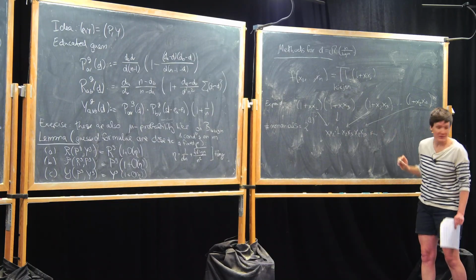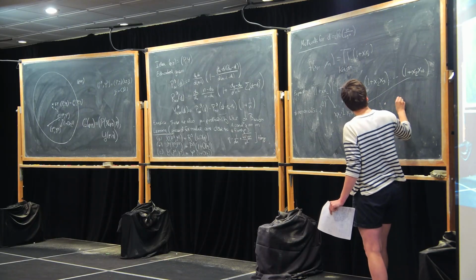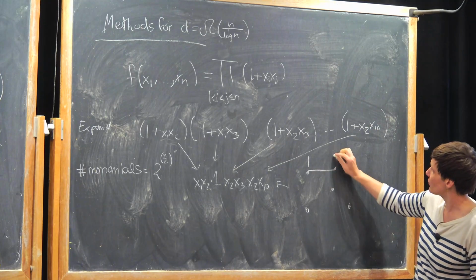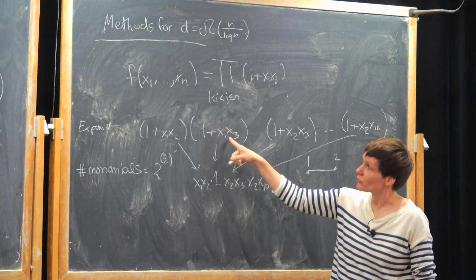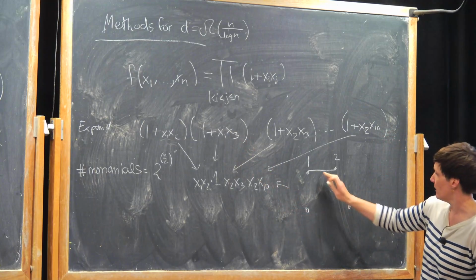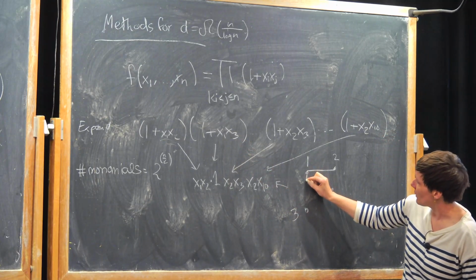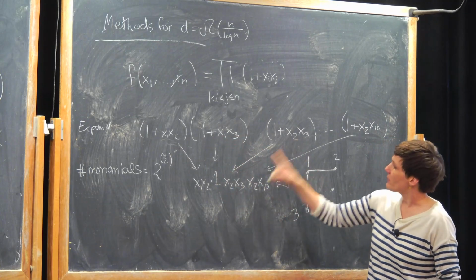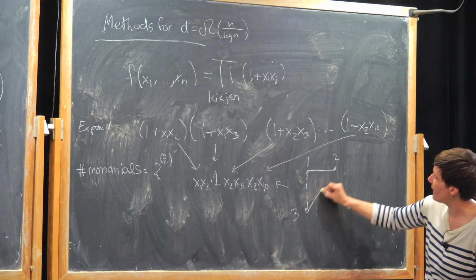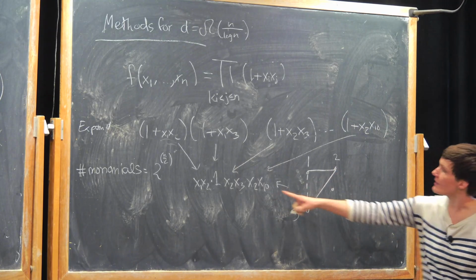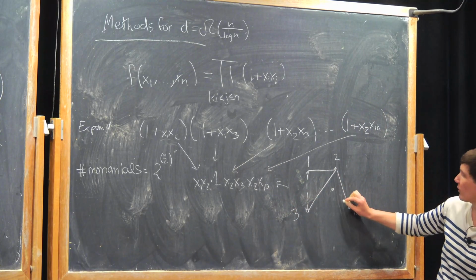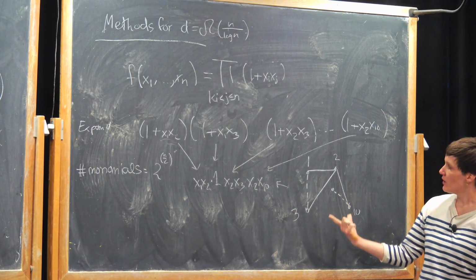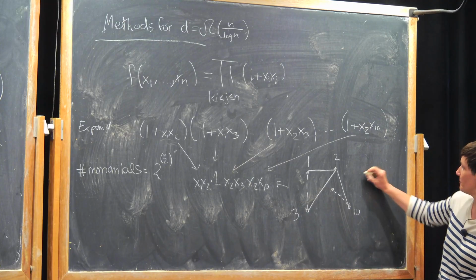Well, that corresponds in a very natural way to a graph on n vertices, where for this one I decide to add the edge 1, 2. For this one I decide to not add the edge x1 x3. So let's say this is vertex 3. I do not take that edge because I chose to take the 1. For this one I take x2 x3, so I'm adding the edge. And let's say here's your vertex 10. I also add that edge. And all others, say I don't. So any one monomial corresponds in a natural way to a labeled graph on n vertices.